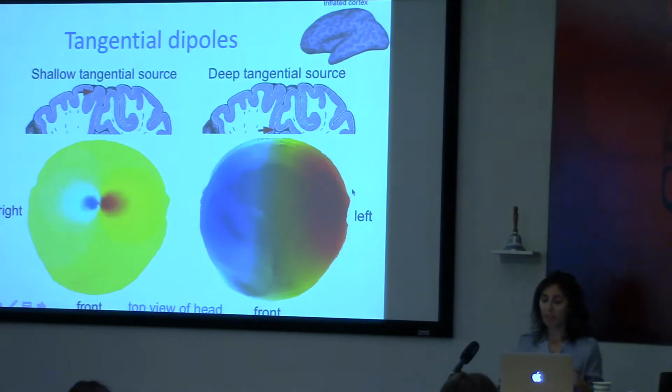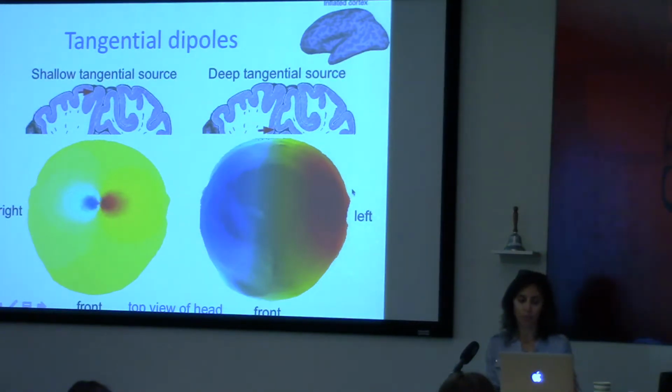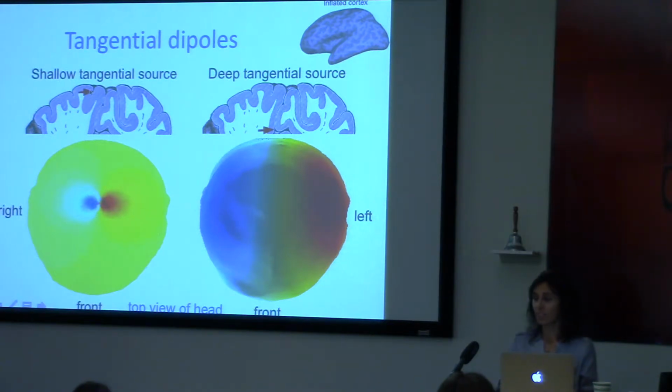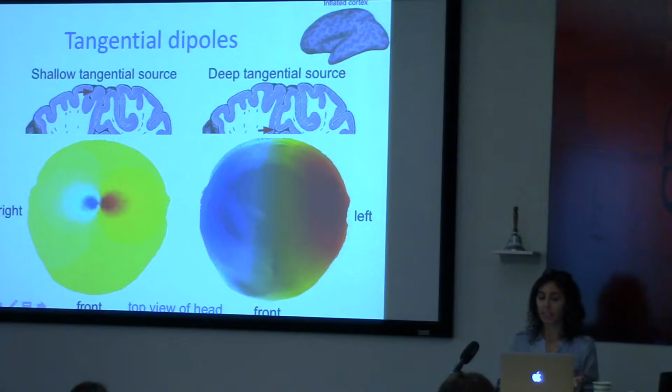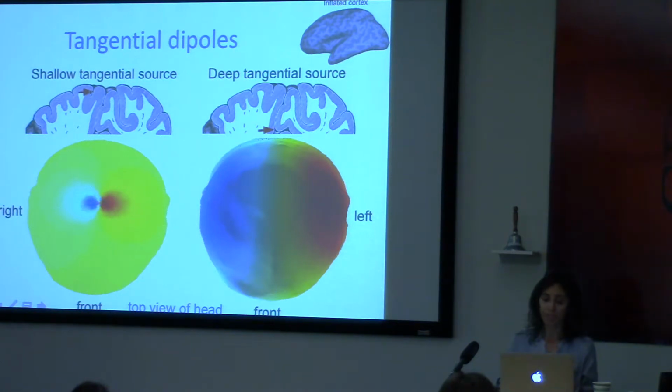I will show some examples of forward problem solutions. We can have sources anywhere in the cortex. If we have activity in this sulcal region, for example, this can be represented by a tangential dipole, and this would give us a really focal tangential potential distribution on the scalp.